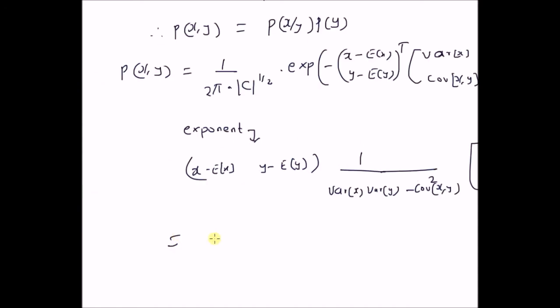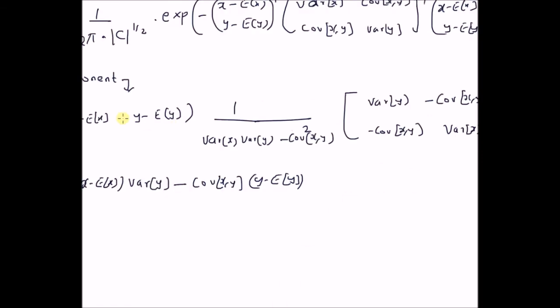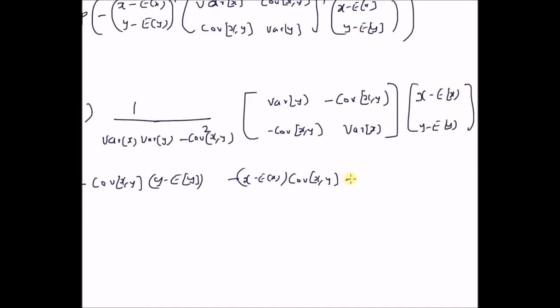And this simplifies to x minus expectation of x multiplied by variance of y, minus covariance of x comma y multiplied by y minus expectation of y. And the second term is x minus expectation of x multiplied by minus covariance of x comma y, and the other term is y minus expectation of y multiplied by variance of x.